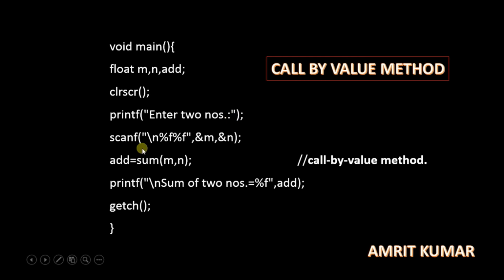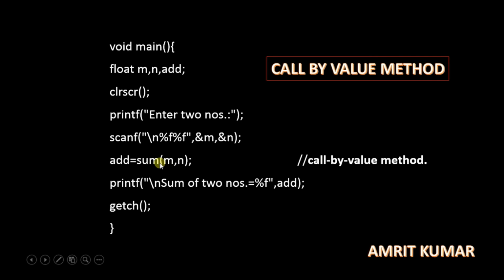Then I am storing those two numbers into my variables through the scanf function, because scanf helps you to accept a value from the keyboard, and because m and n are of type float, I am using %f as the format specifier here. Then I am using this variable add, which is also of float data type, which is storing the summation of these two numbers through a function.